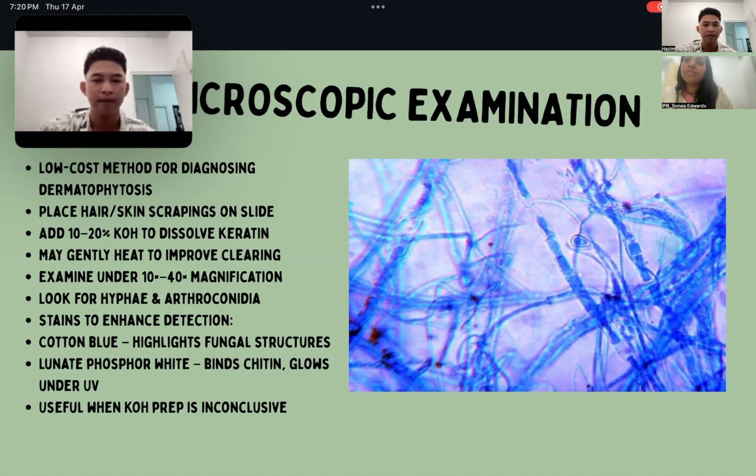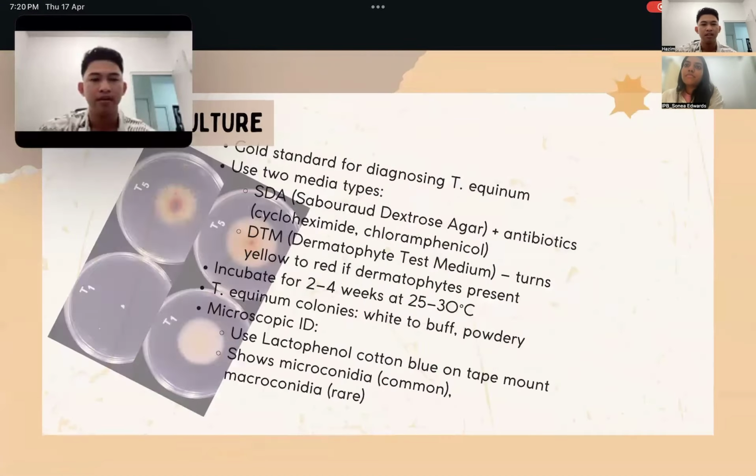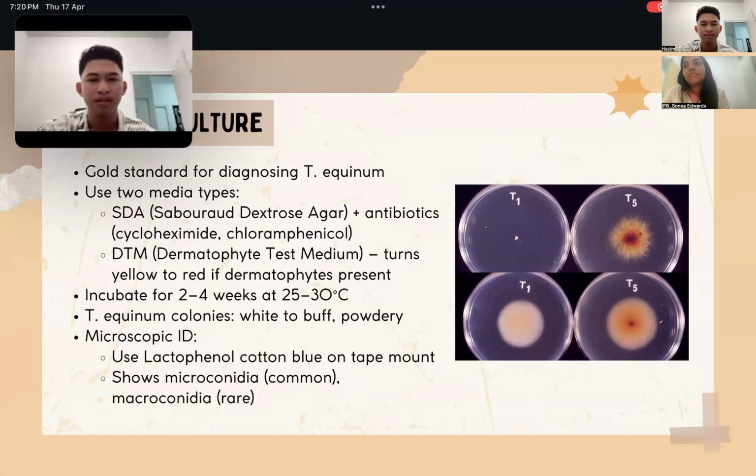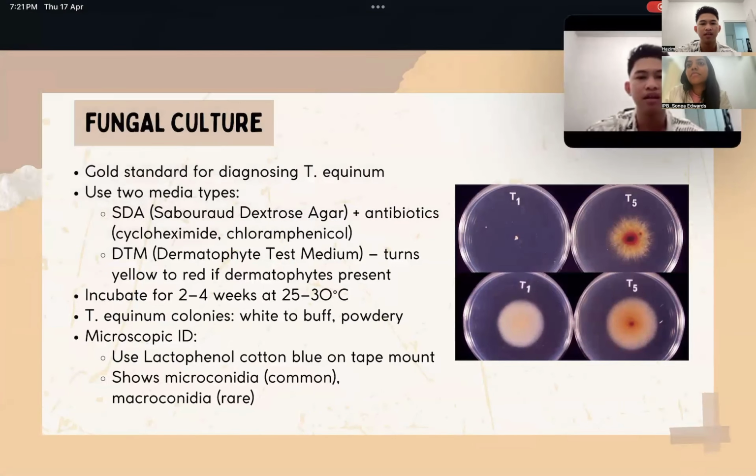Next, we move on to the fungal culture. Fungal culture stands as the definitive method for diagnosing Trichophyton equinum. Fungal diagnosis utilizes two main cultures, that is SDA, Sabouraud dextrose agar, together with dermatophyte test medium, DTM.